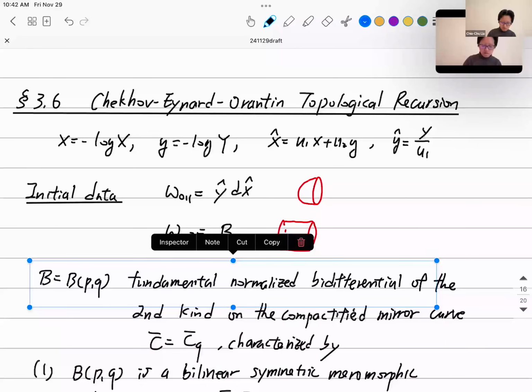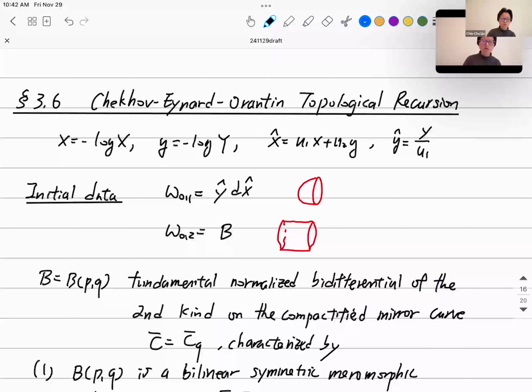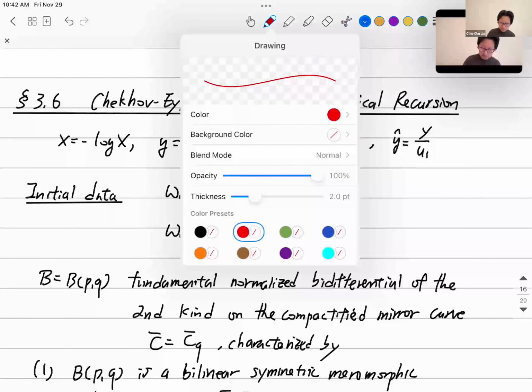So now we will define the Chekhov-Eynard-Orantin topological recursion. This will allow us to define the B-model topological string. So let little x be minus log x, little y be minus log y, and x hat be u1 x plus u2 y, and y hat. This is when we do descendant.